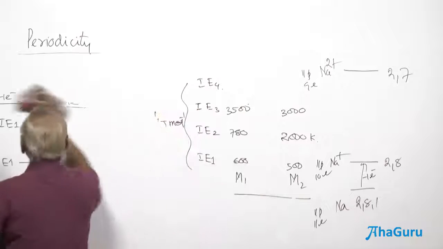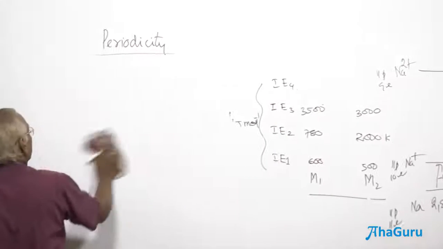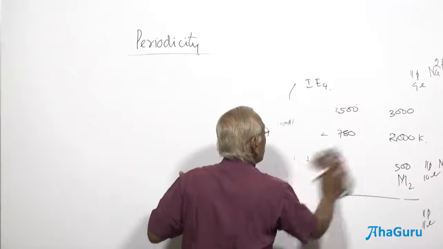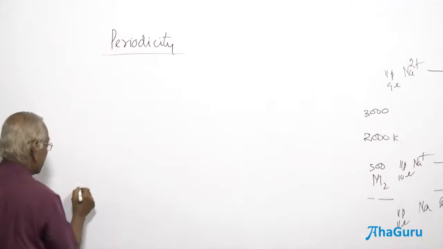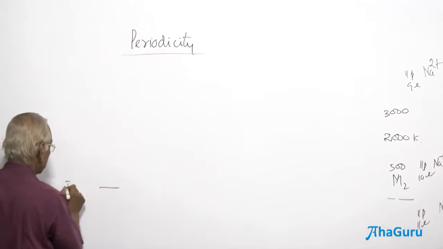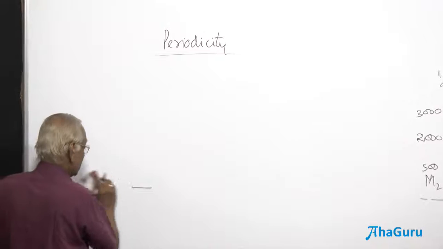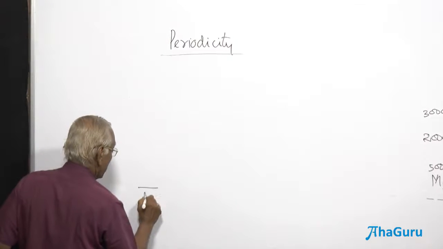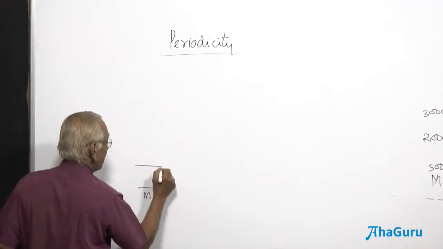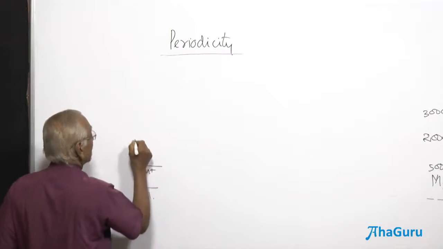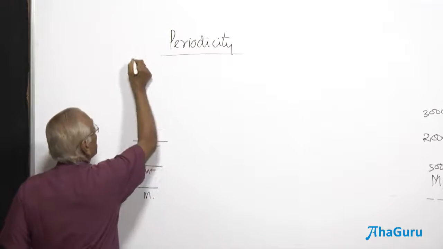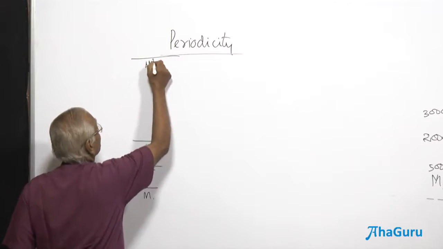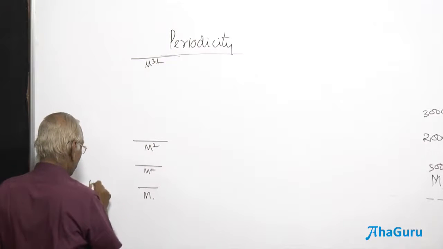What should be the pattern in the case of alkaline earth metals? Let's say this is going to be IE1. Now this is the metal. This is going to be M plus, this is going to be M2 plus here, and this is going to be M3 plus here. Let me take magnesium.